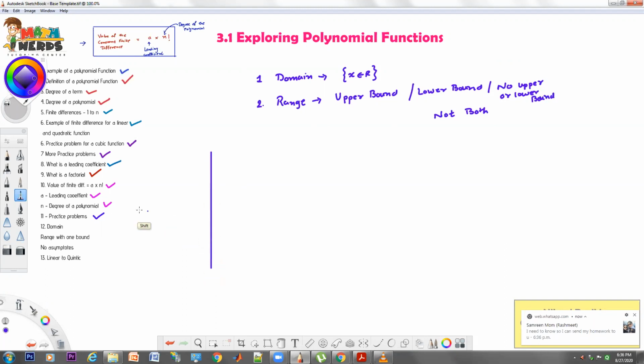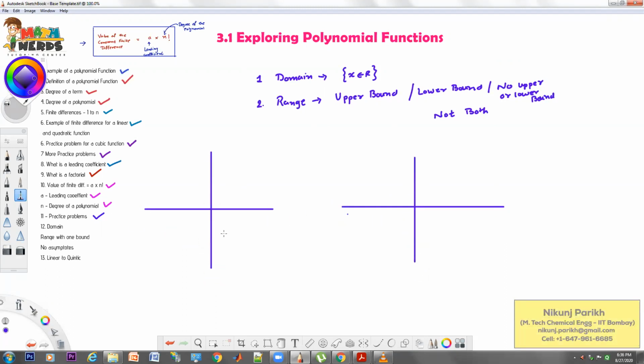So we'll take two examples, the familiar ones. First is the linear function. And the second one is the quadratic function.